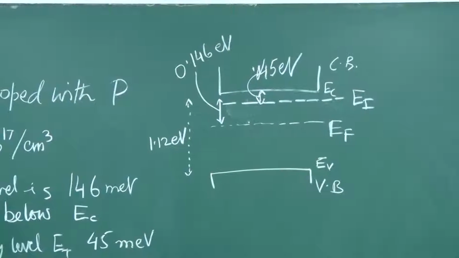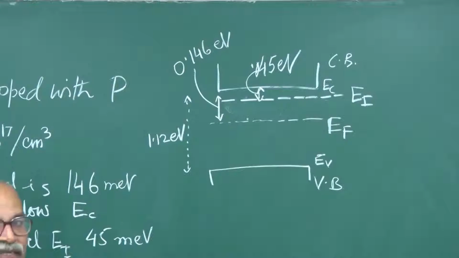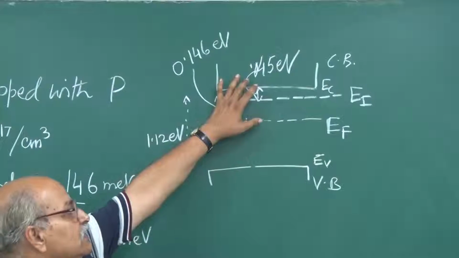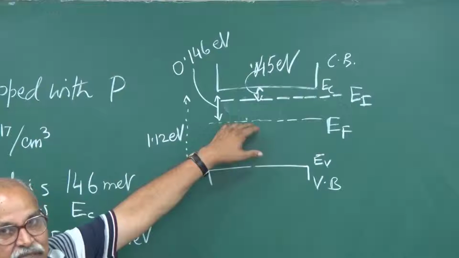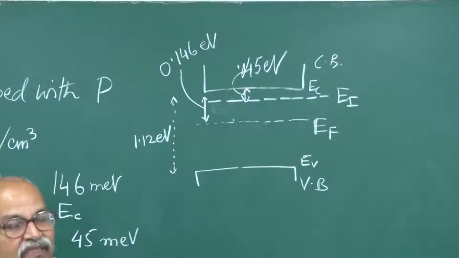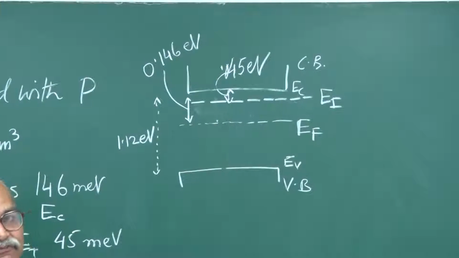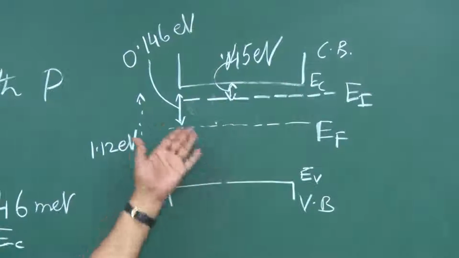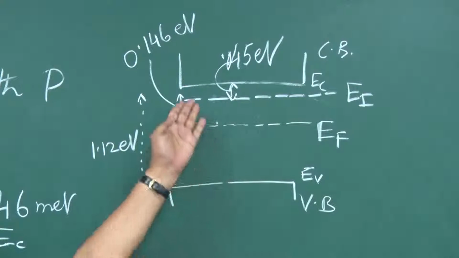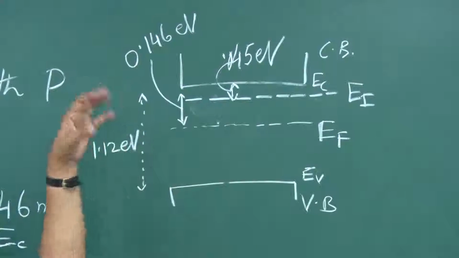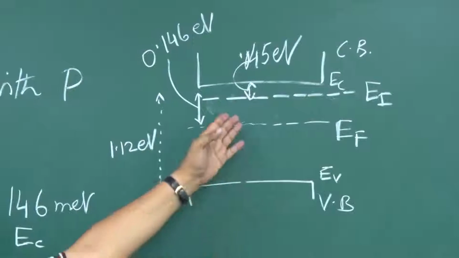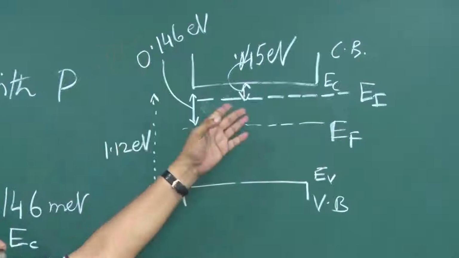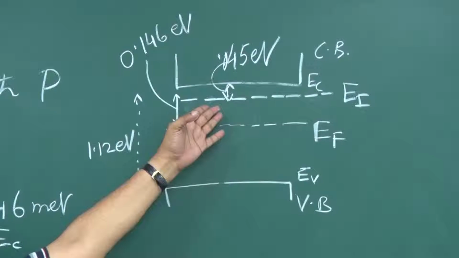I hope you remember, for an intrinsic semiconductor, the Fermi level is midway between EC and EV. But if you dope this donor impurity like phosphorus to make it n-type, this Fermi energy goes up. So it's not at half, it has gone up. And when you are putting these impurities, impurity levels are created, and there are a few tens of meVs I had been talking about.